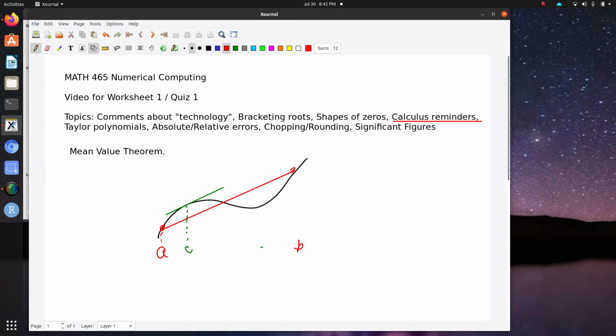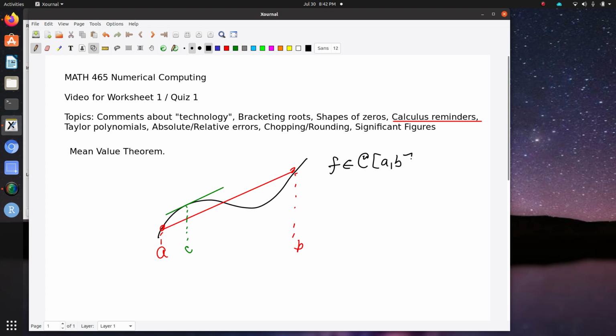So here's a, f(a), here's b, f(b), and c, f(c).